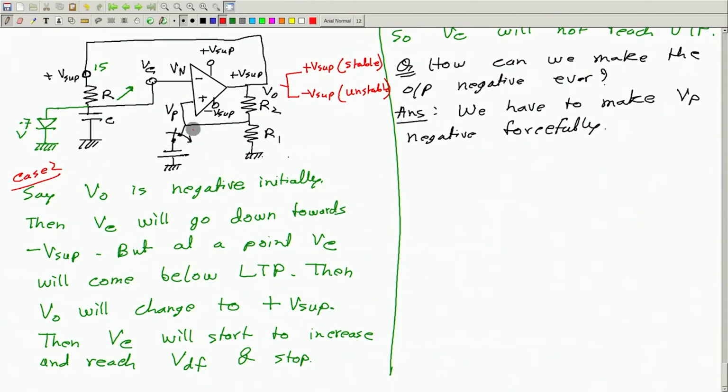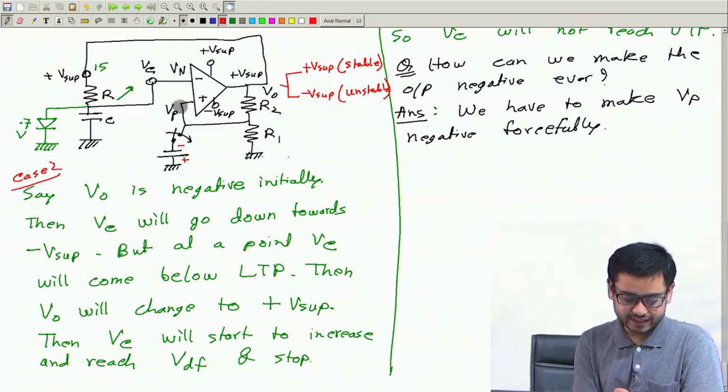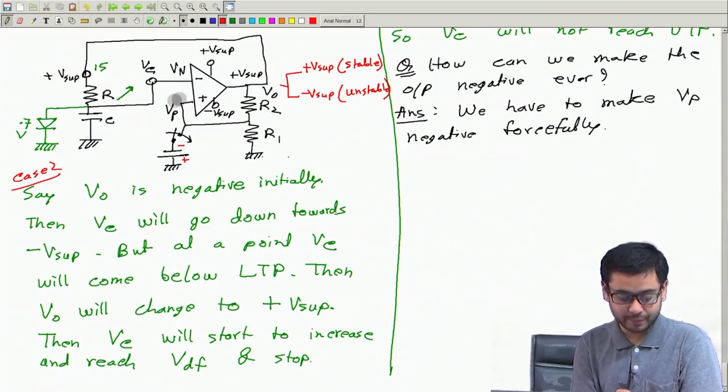Say if we connect a negative voltage directly at this point, okay, then Vp will be negative, it will go down no matter whether this is positive or not, because this is a direct connection. So, this voltage will go to the negative value directly, and therefore, this can become lower than Vn.